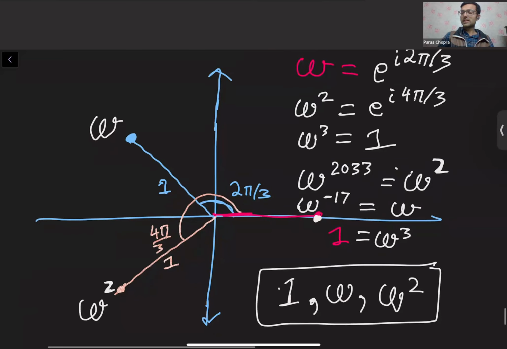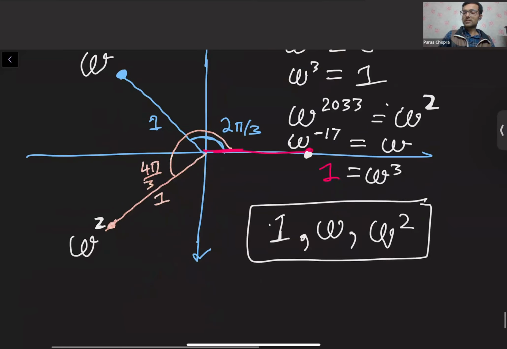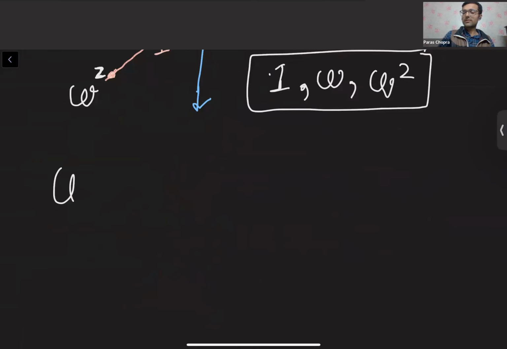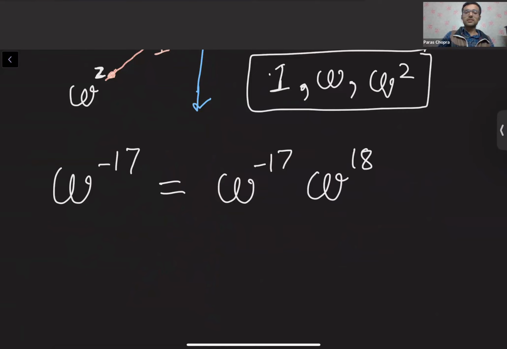So जब भी नेगेटिव वैल्यूज होंगी, जैसे ओमेगा टू द पावर -17, you can multiply this with omega to the power of 18, because omega to the power 18 is also 1. 1 के साथ तो आप कुछ भी मल्टीप्लाई कर सकते हो. So this becomes omega.